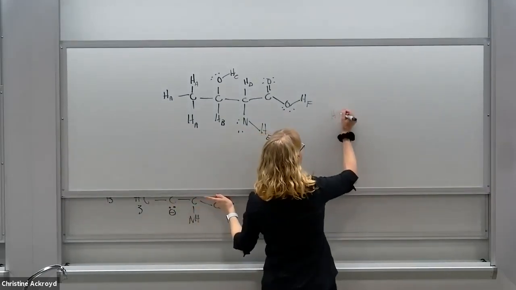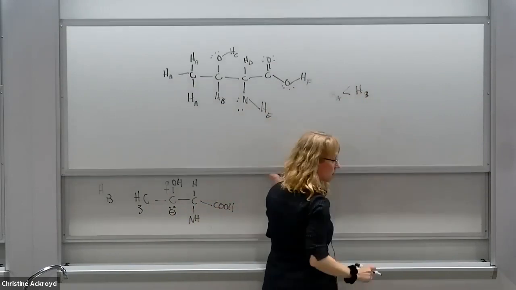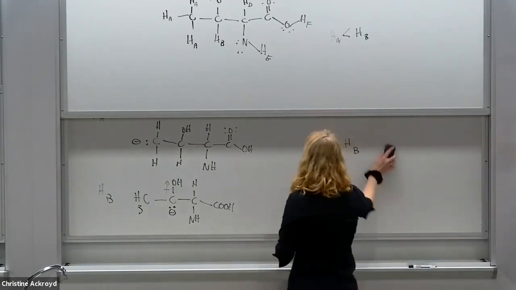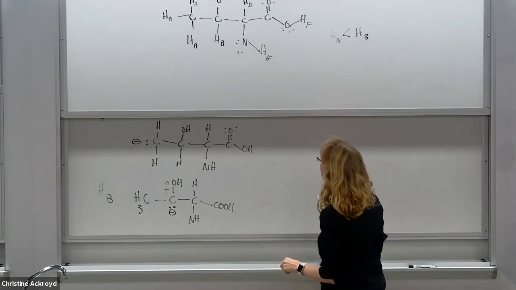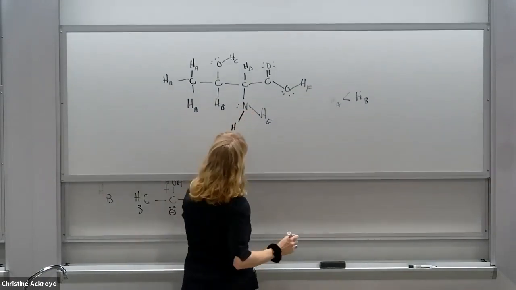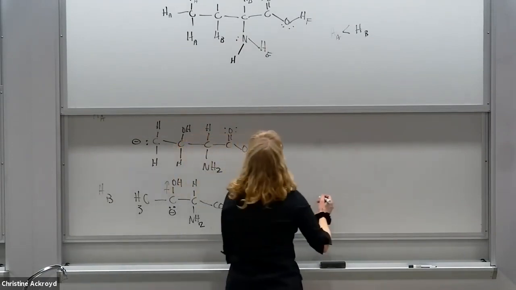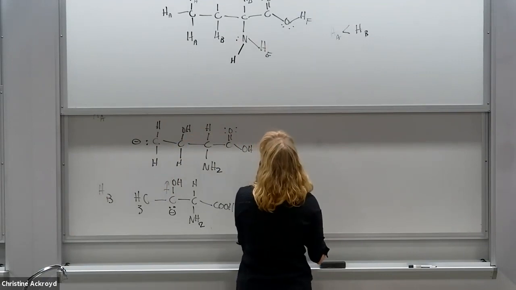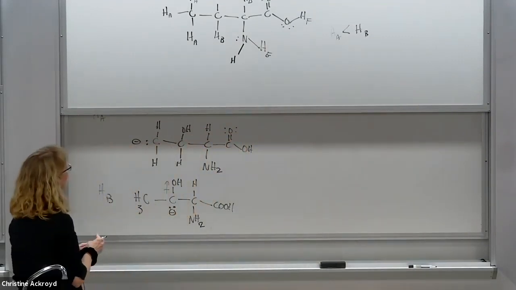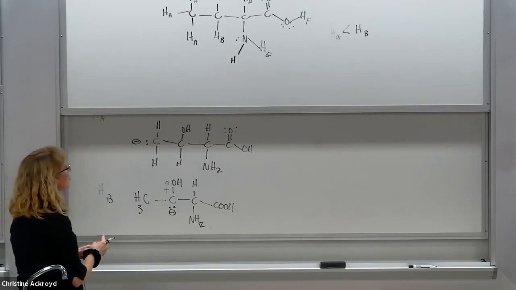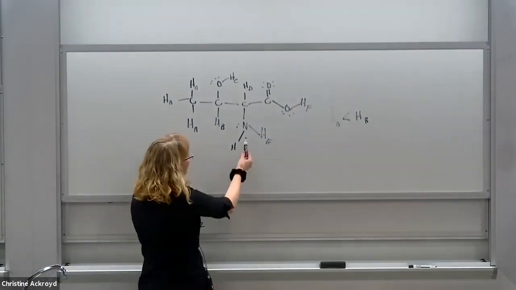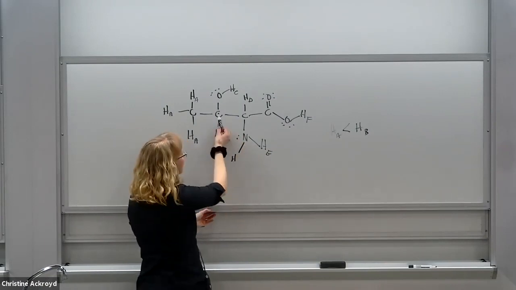Actually, I'm going to do this. If we pull off hydrogen B, I don't even want to do hydrogen B because I'm not sure I can rank it perfectly versus hydrogen D. It doesn't have as much nitrogen pulling on it, and it doesn't pull as strongly as the oxygen.